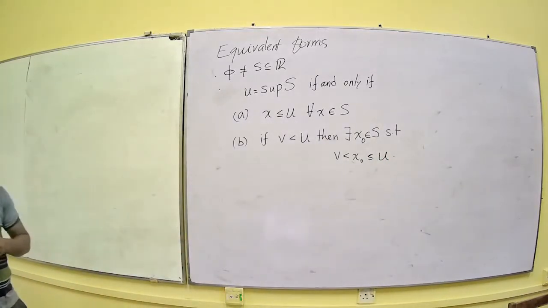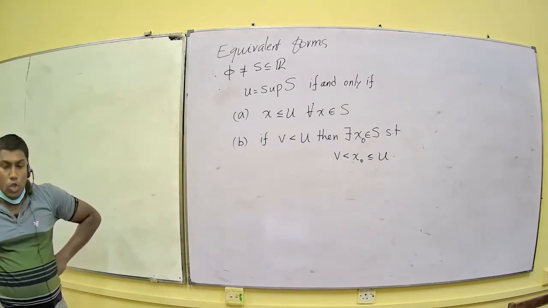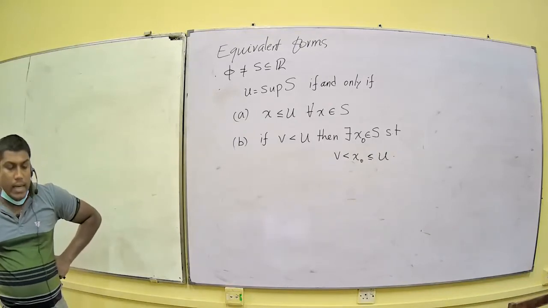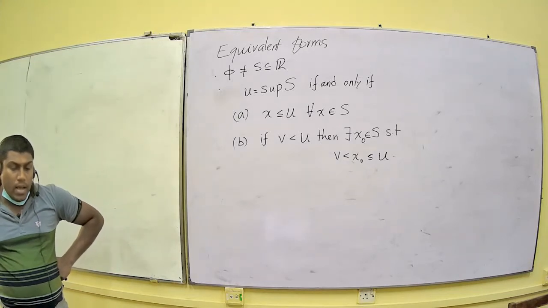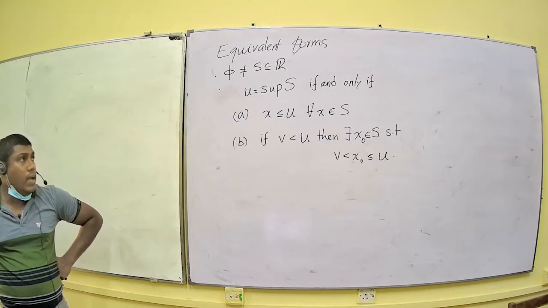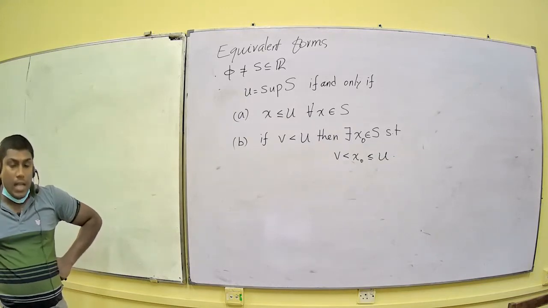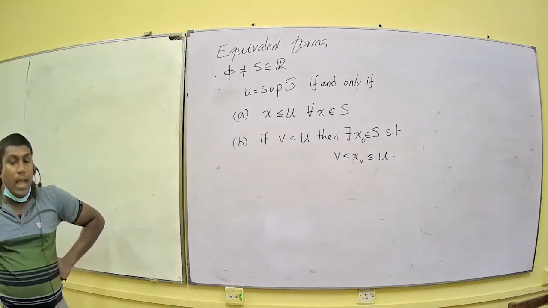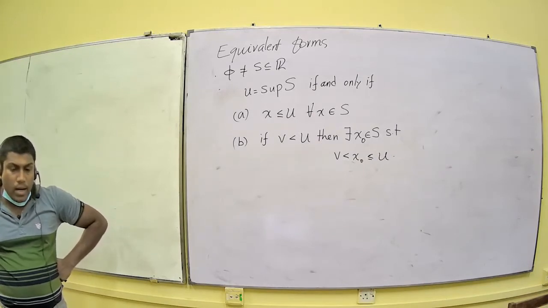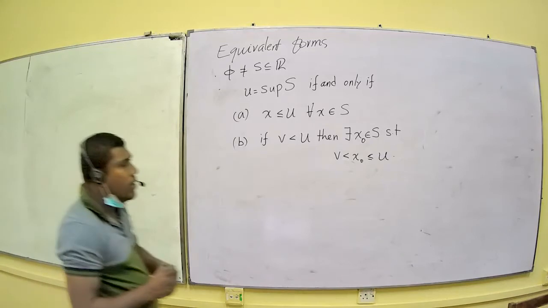So this is an alternative definition, another way of defining the supremum. The real definition is that the supremum is the least upper bound, and this is another way of writing it. Any element in the set is less than or equal to the supremum, and if you go a little below the supremum, then you will find an element in the set.